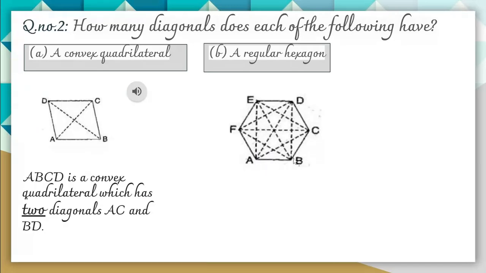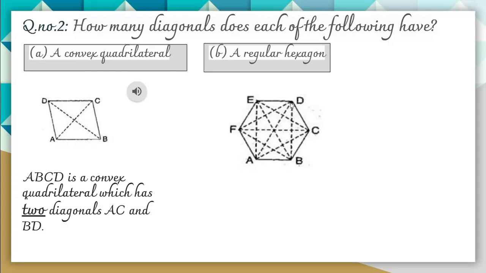Now with B, that is B to D, B to E, and B to F. Now with C, we can draw C to F and C to E. C to A is already drawn, already connected, isn't it?